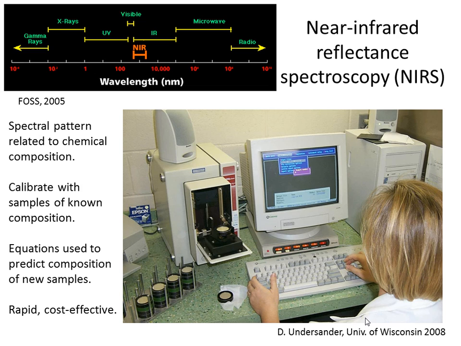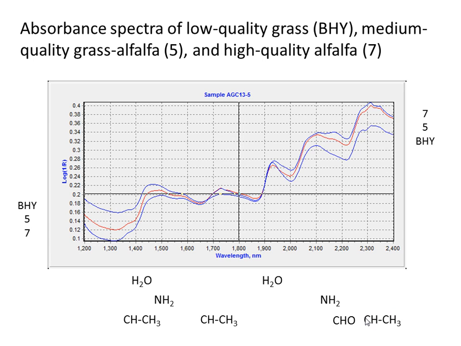We put a ground-dried sample in a small cell with a glass window, put it in this instrument, and we can get a spectrum. This is just an absorbance spectrum at a number of different wavelengths in the near-infrared region of the light spectrum.